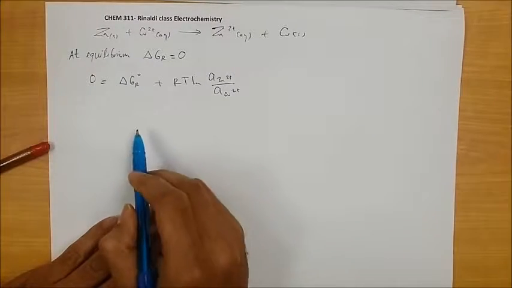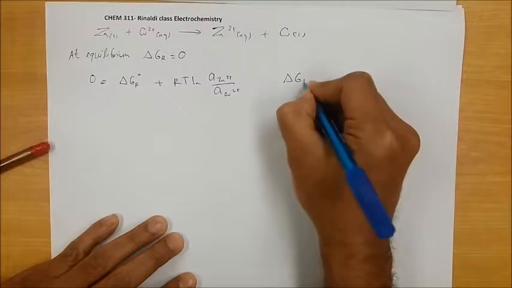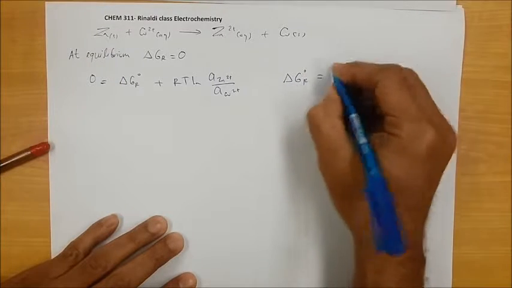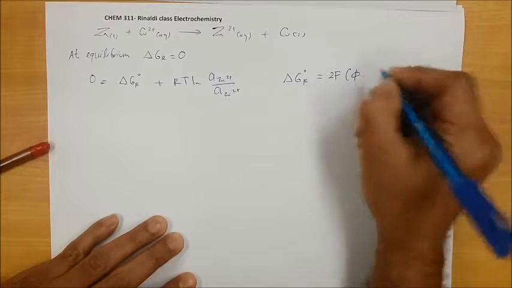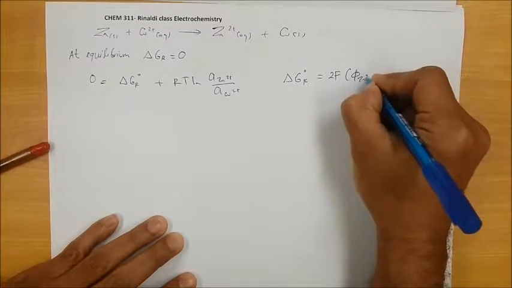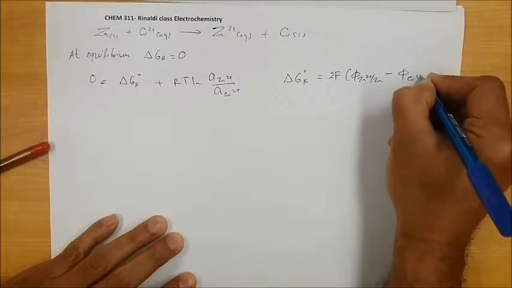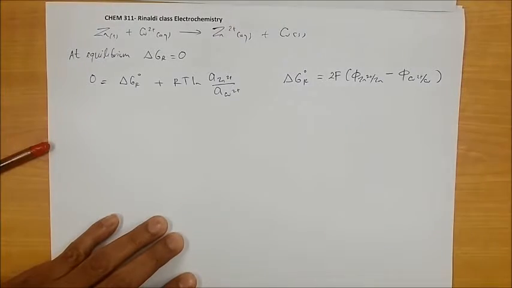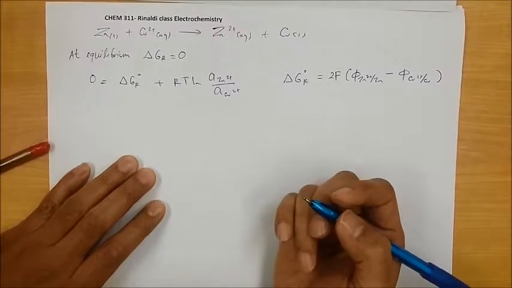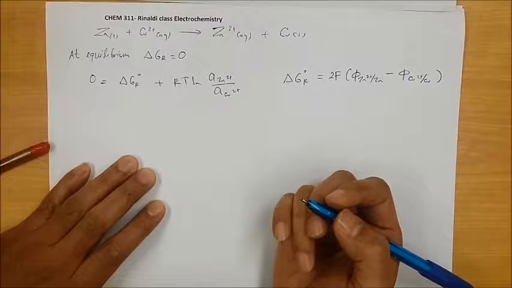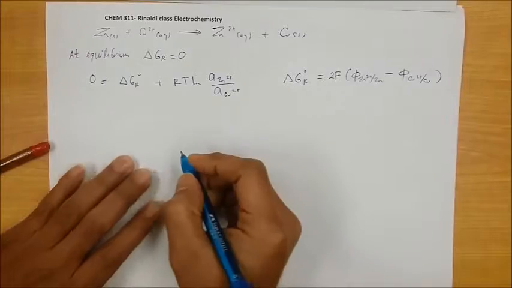Okay, so this is 0, and we know that ΔGr naught is equal to 2F times the electric potential difference between zinc and the electric potential difference with copper, right? Awesome.